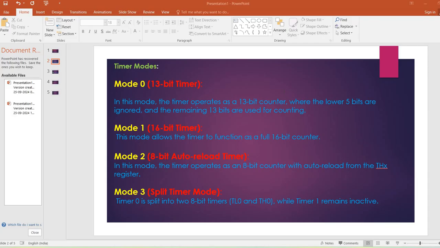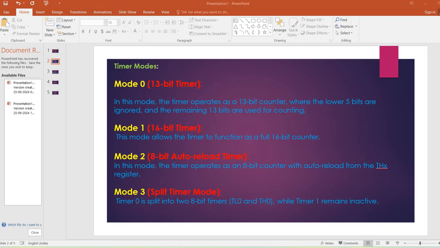Mode 0 is a 13-bit timer and mode 1 is a 16-bit timer. Mode 2 is 8-bit, but it is an auto-reload mode, meaning the value is automatically reloaded.